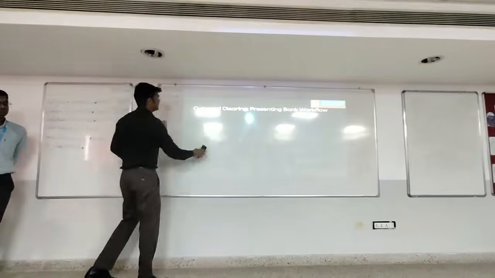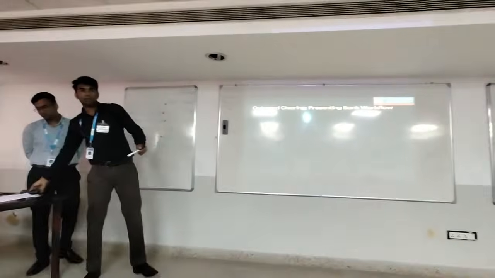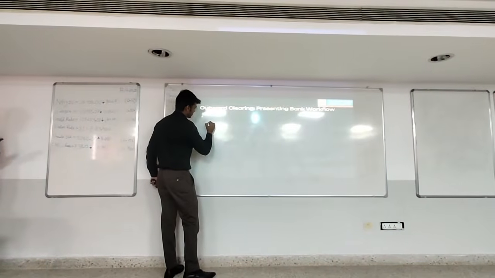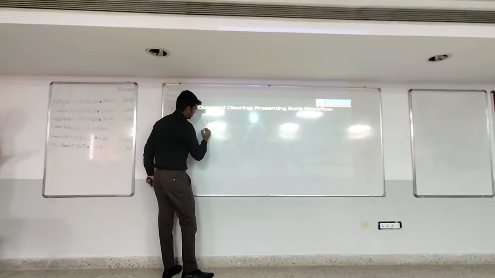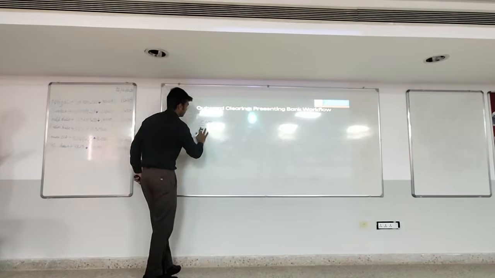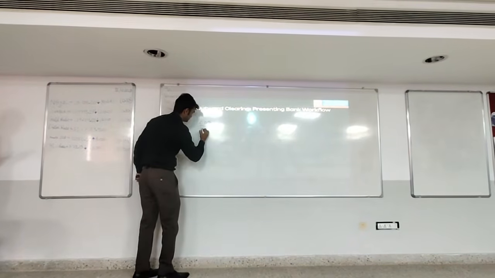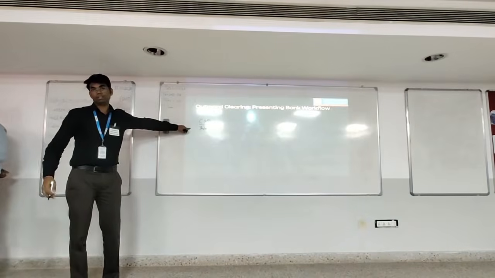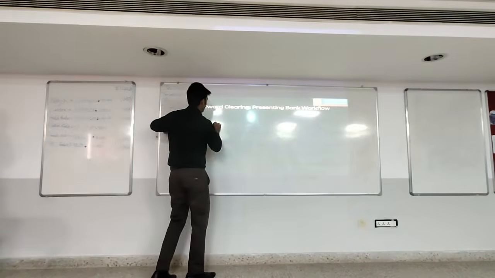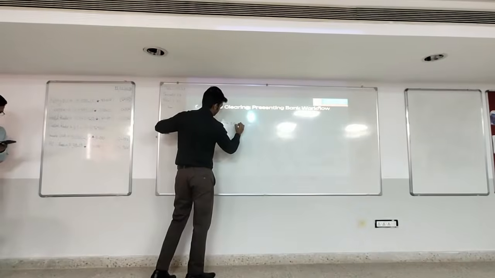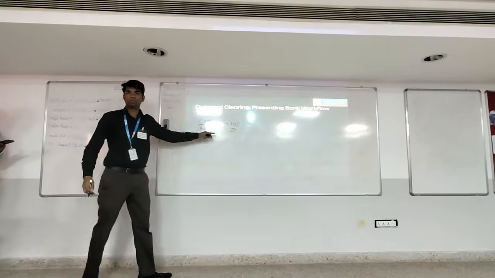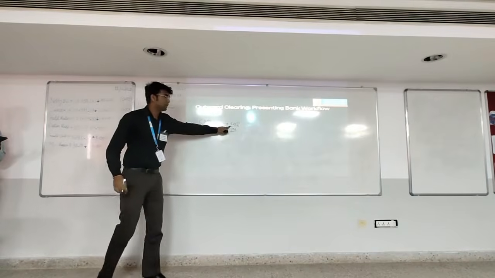But now let's understand the outward clearing presenting bank. Suppose this is my friend Shubhanshu. Shubhanshu has an account in CBI, and I have an account in SBI.